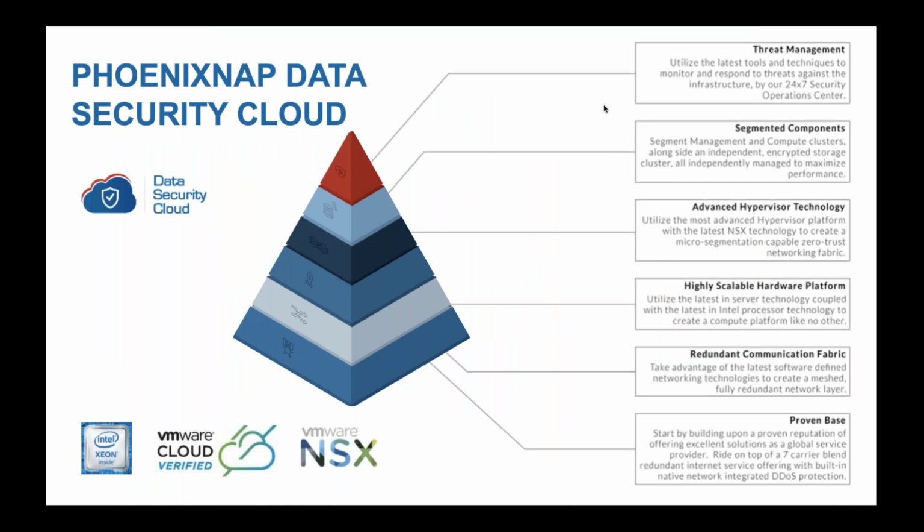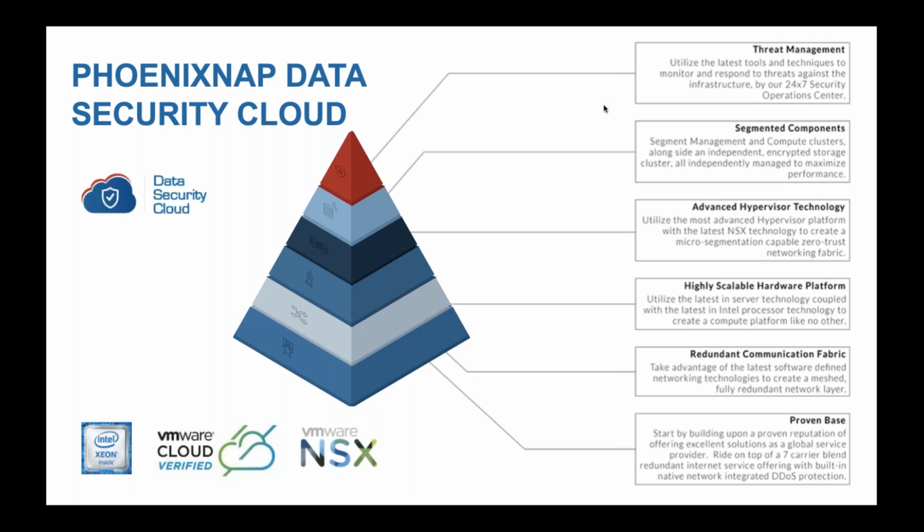I'm not going to read through all this, but having that secure by design architecture that is being monitored and changed in accordance with strict compliance standards like PCI and HIPAA, and having all of these next generation technologies powered by VMware and their ecosystem partners to help create that true micro-segmented zero trust network construct, and really isolating those applications and users from the outside world and from places that they shouldn't have access to.